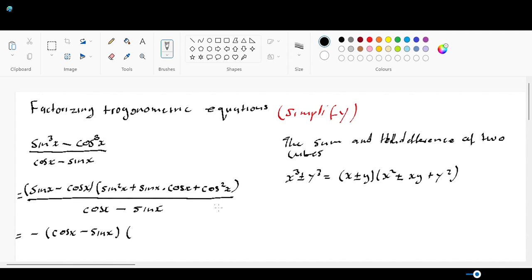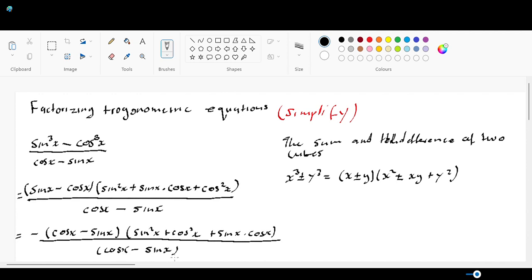From there you can rearrange this one: sine squared x plus cos squared x, and then plus sine x multiplied by cos x. And then we divide everything by our denominator, which is cos x minus sine x.